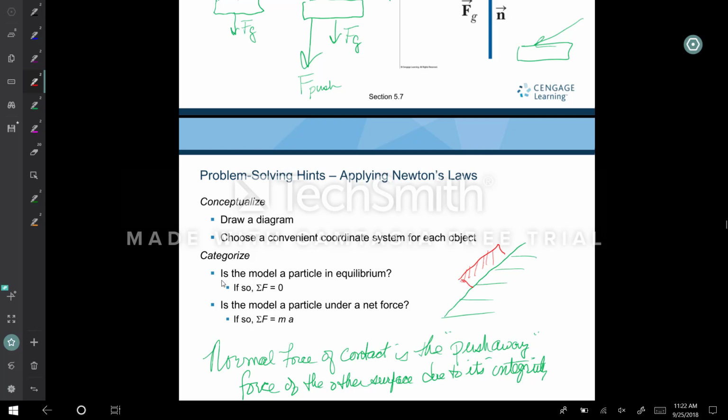What is the direction? Away from the incline, away from the surfaces. That's right, because normal in math is the same as perpendicular. That's exactly right.